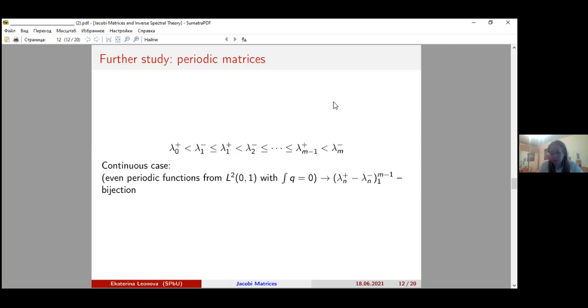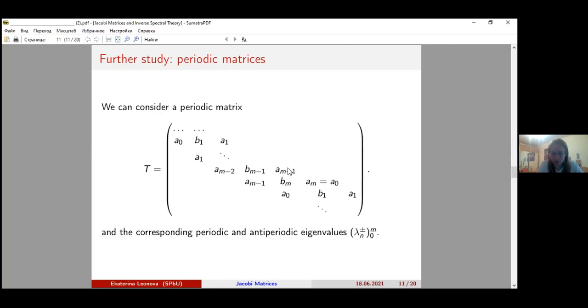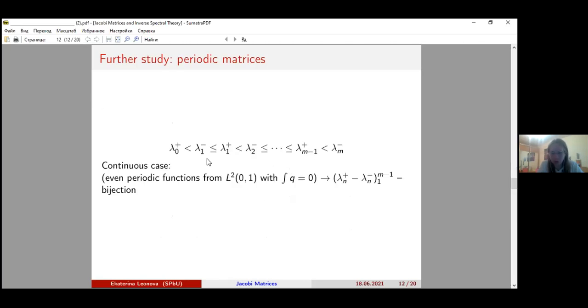And so now this is the important part. Now we have to study this one. There is another pretty old result. If we take even periodic functions, not the matrix but an even function, we can also find these eigenvalues. They have to be with an integral equal to 0.